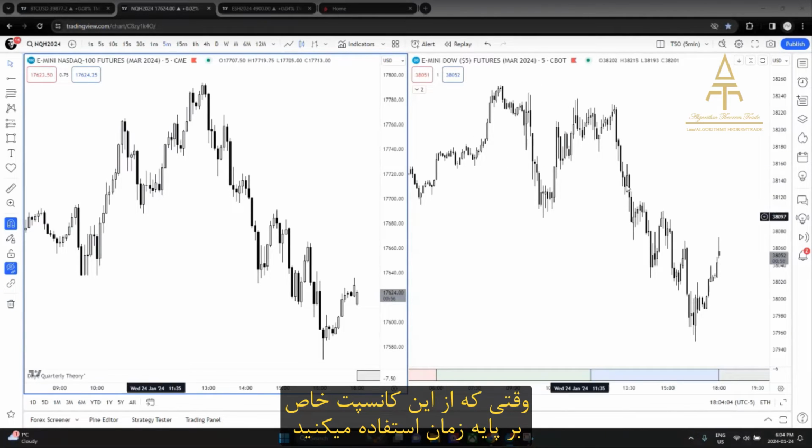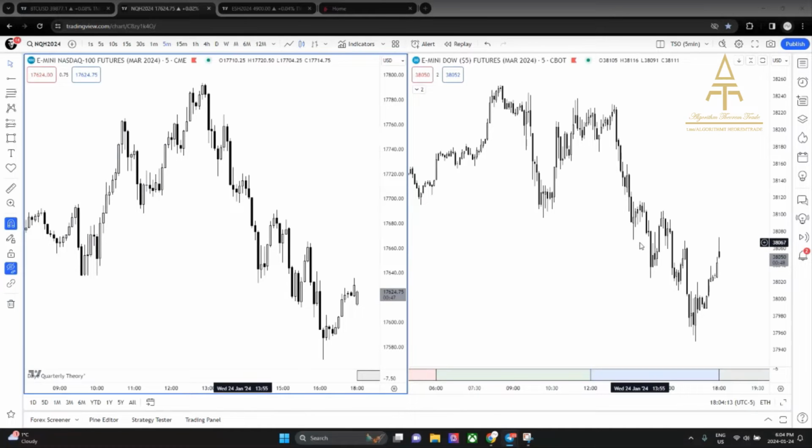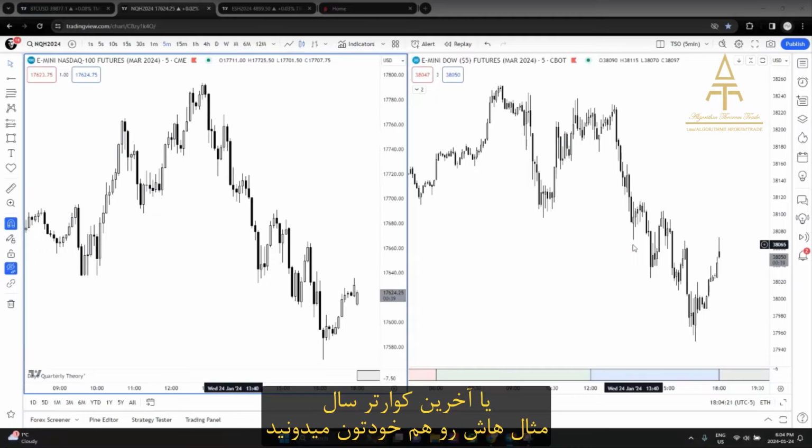When you're using this specific time-based concept, you are trying to trade Q4, which is either Thursday, the afternoon session, or the last quarter of the year, for example. You know all of that.